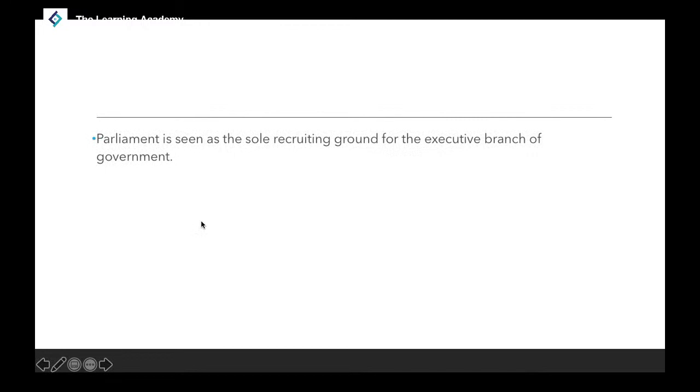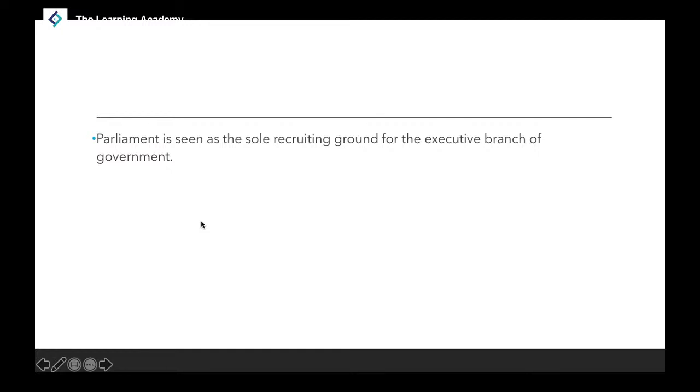A third point is that Parliament has a function of being a recruiting ground for the executive branch. So the executive branch of government recruits almost entirely, actually completely entirely, from Parliament. They are MPs, or peers, that would come and be raised to the executive branch, elected to the cabinet and chosen by the Prime Minister to sit in cabinet.